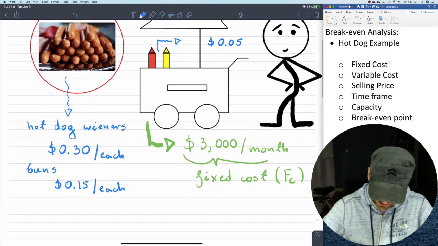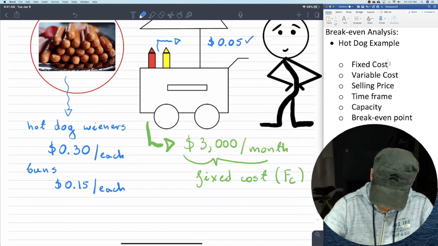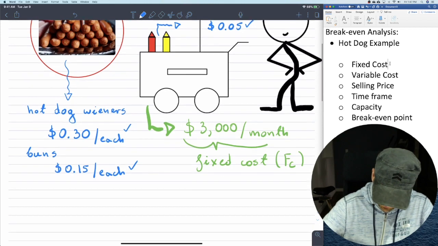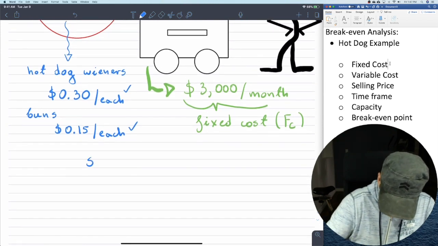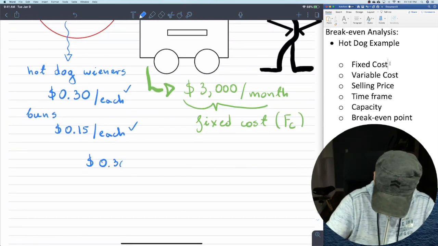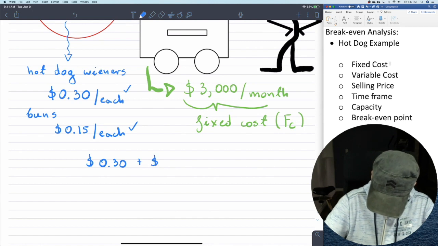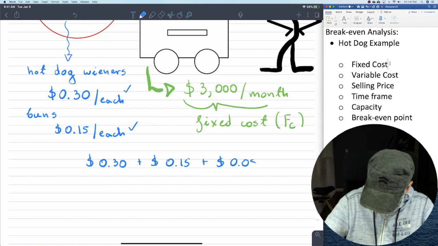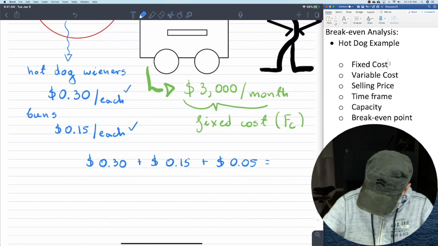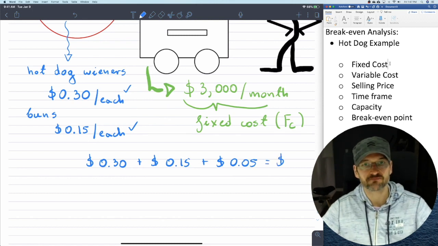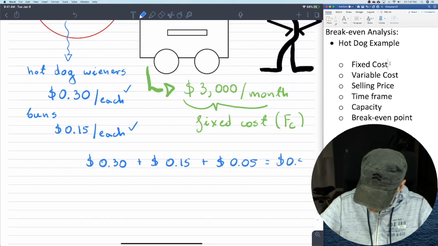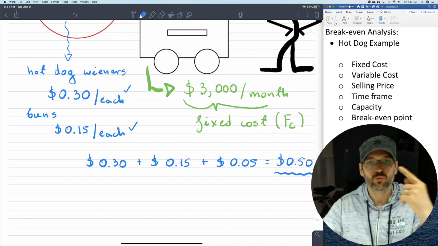So now I can add these up. Per one of these hot dogs, I have the cost, so 30 cents plus my 15 cents plus the 5 cents. So if you're adding it up, sorry, 50 cents would be our cost per one.